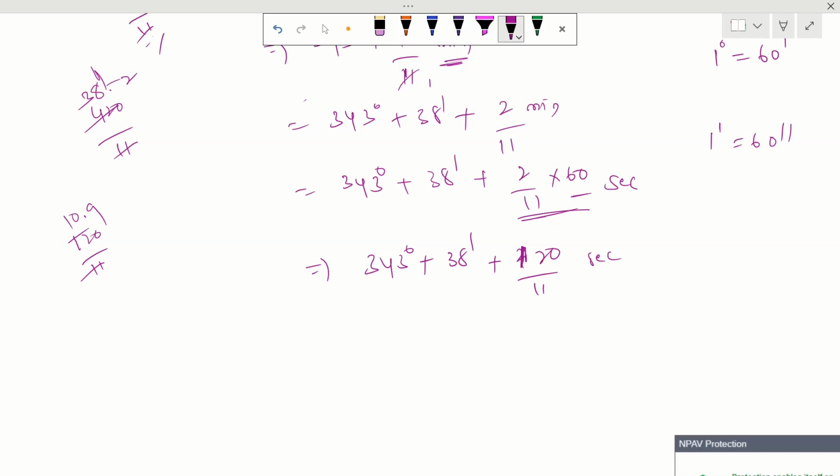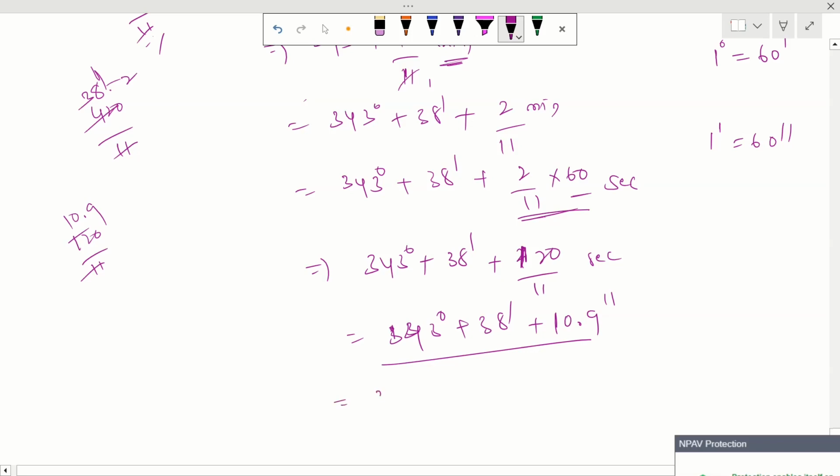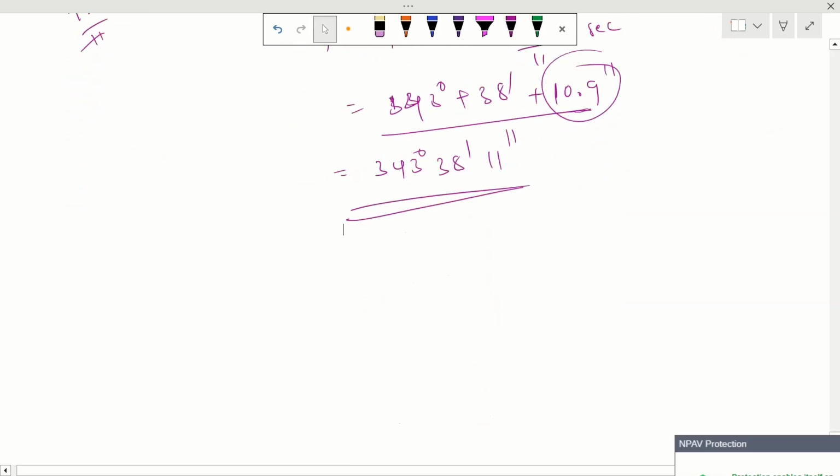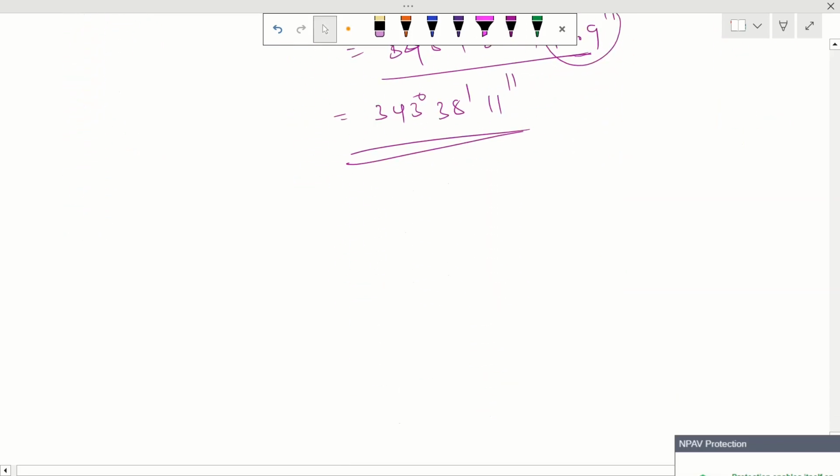So 10.9 will come. Together we can write 343 degree, 38 minute, 10.9 seconds, which is near 11, therefore 11 seconds. This is the conversion of radian into degree.